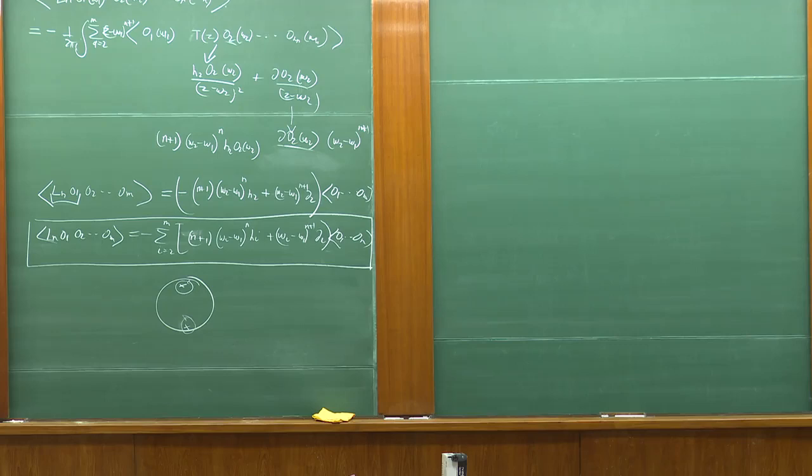This is true for every correlation function, which is just some number, right? So we don't have to think of anything fancy. We've got a function of z, omega 1 to omega n. And on that function, this is true. Yes. That's all we've used.